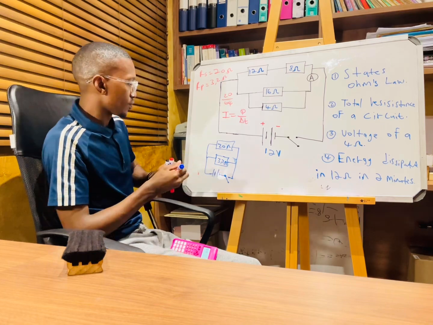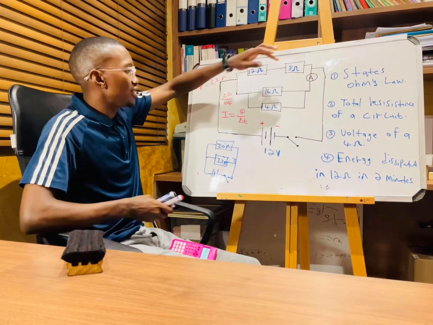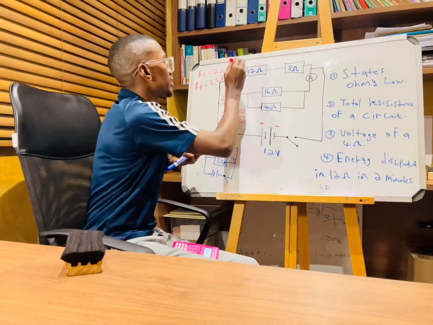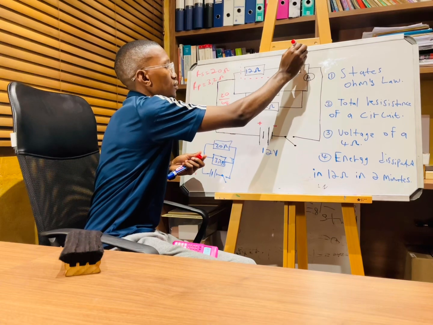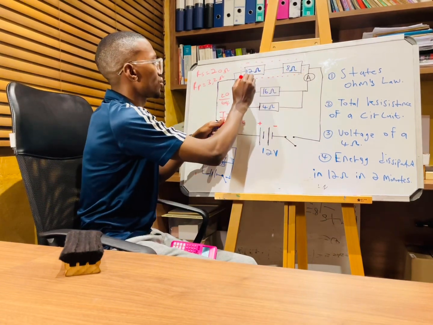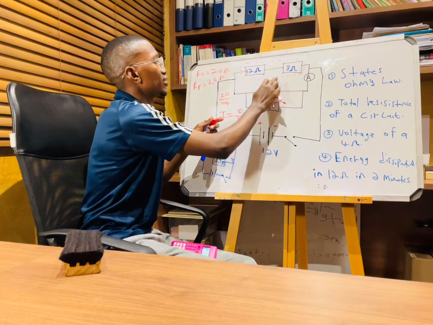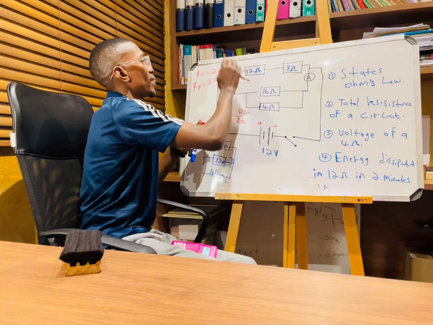So this is a new circuit. In a way, it's going to look like this because this is going to be the sum like this. And this one as well is changed. I don't want to complicate things, so I'm just going to erase that.